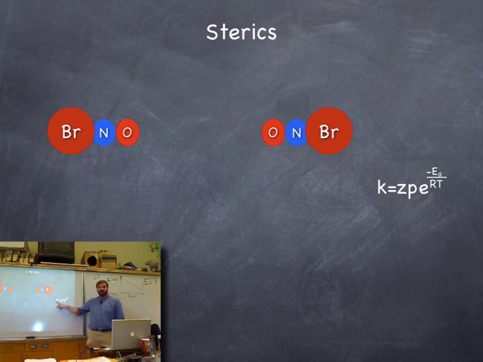So, K is our rate constant, like we've been using in our rate laws. Z, frequency of collisions. P, the percentage of collisions that have the correct orientation. And then this whole factor, e to the negative Ea over RT, that's the activation energy factor. That's the percentage of collisions that have the activation energy. Question?